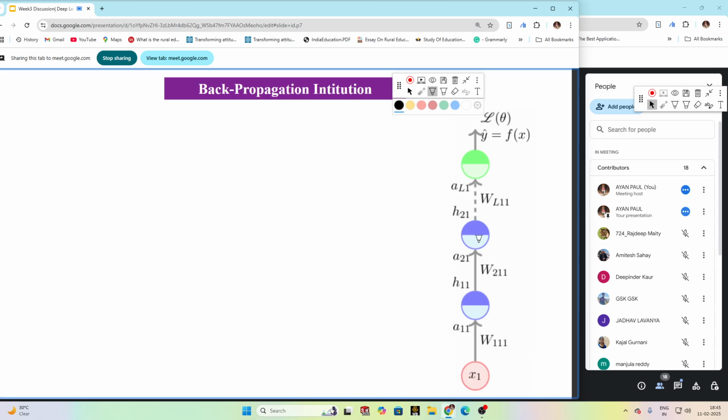Whenever we do this backpropagation, we have to calculate gradients. We have two gradients: one is del L by del W, the gradient with respect to the weight, and the other is del L by del B, the gradient with respect to bias.